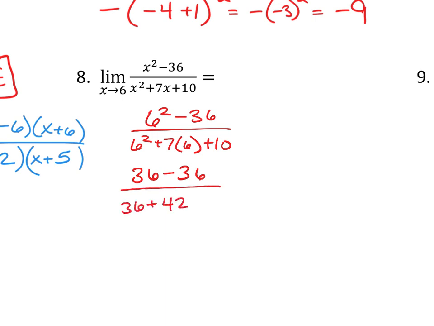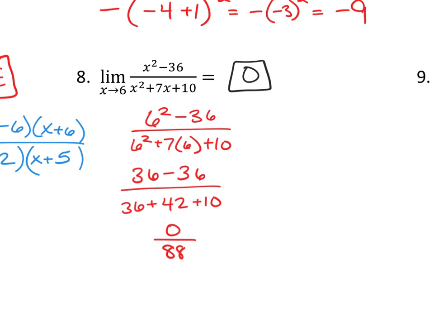And I can tell you're going to panic because you see up there at the top that you have 36 minus 36, which is what? 0. But what is the denominator? Is it 0? No, it's actually 88. What is 0 divided by 88? 0. It's just 0. So we didn't have to do any sort of factoring here because when we directly substituted it in, we did have a limit for this function at this point.